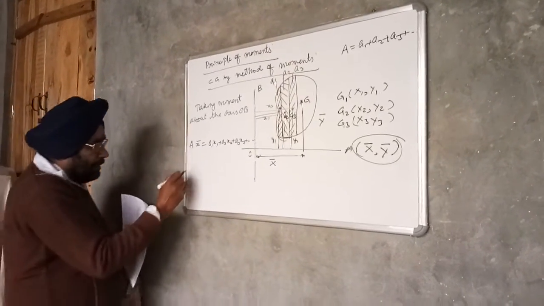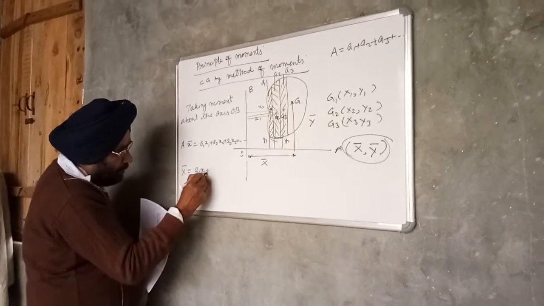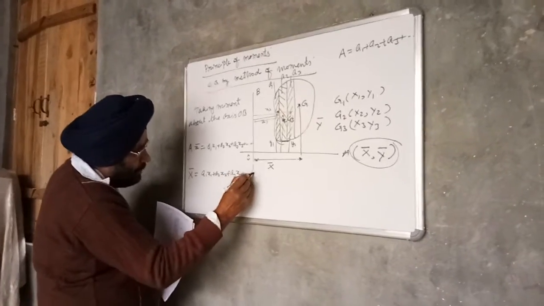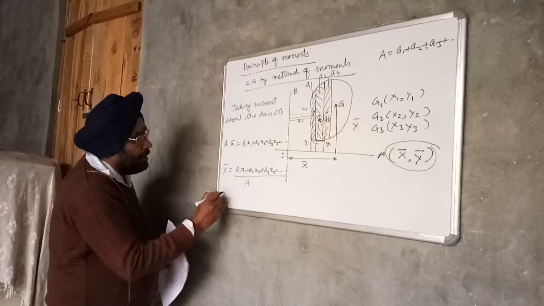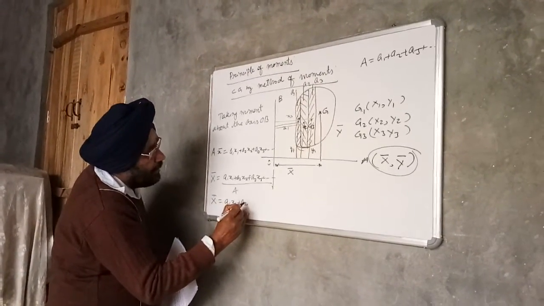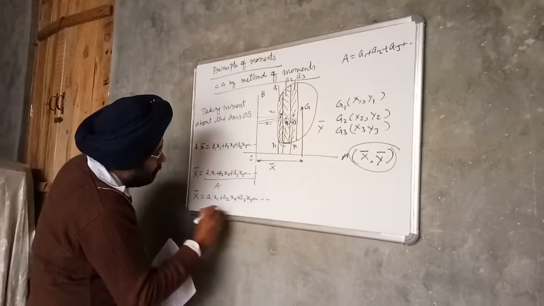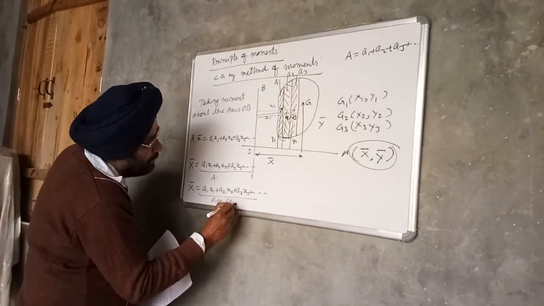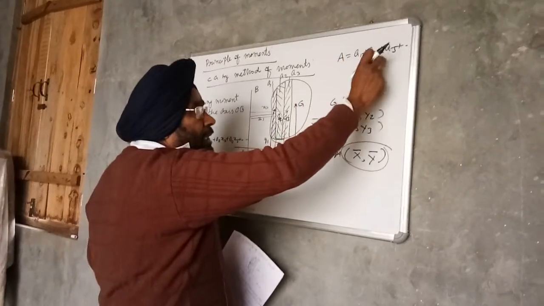So x bar is equal to A1 x1 plus A2 x2 plus A3 x3 and so on, upon A, which is A1 plus A2 plus A3, because area A consists of the small areas A1, A2, A3 and so on.